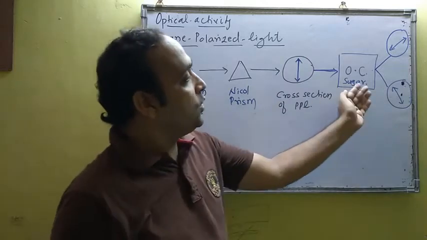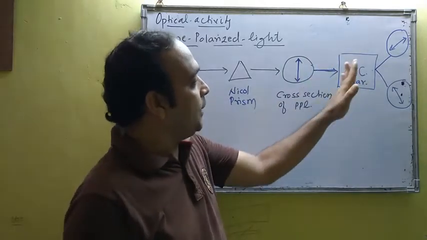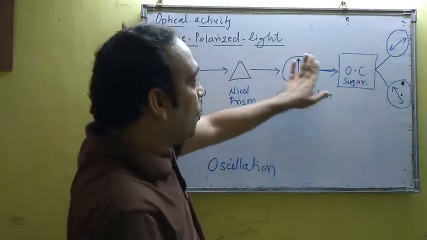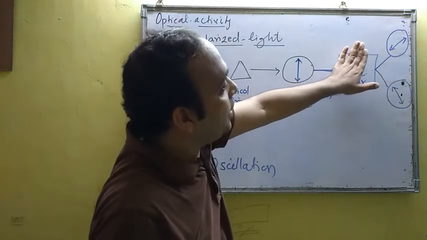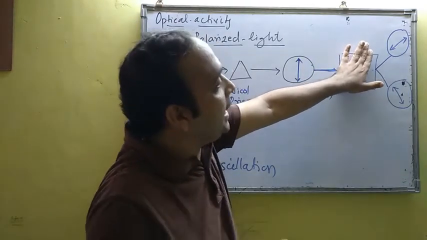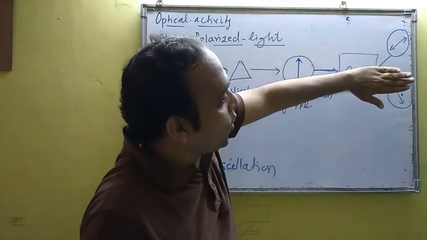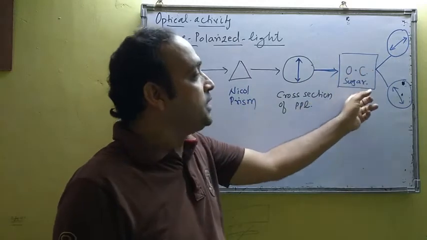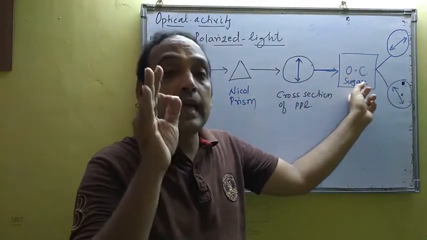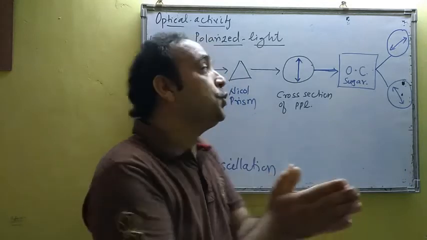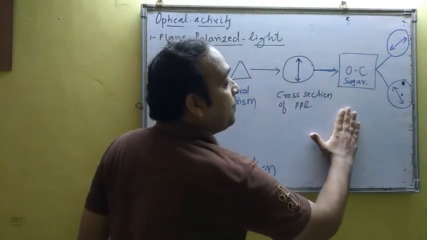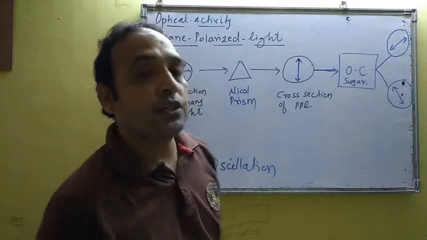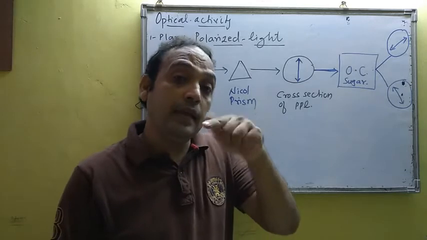And when an aqueous solution of organic compound is placed in the path of plane polarized light, the property of this substance to rotate the plane of polarization of incident plane polarized light in clockwise or anti-clockwise direction, right or left, such compounds are called optically active compounds. And the compound which does not rotate the plane of plane polarized light, right or left, clockwise or anti-clockwise, such compounds are called optically inactive.